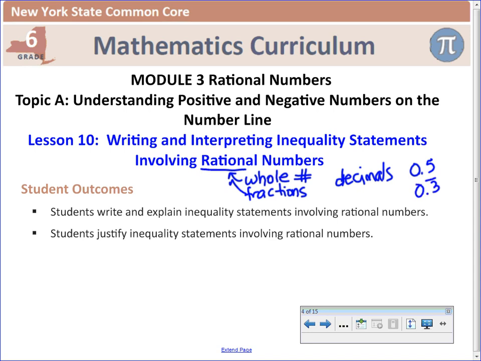So those are all examples of rational numbers. Isn't a rational number a number that can be written as a fraction? Yep, that's correct.